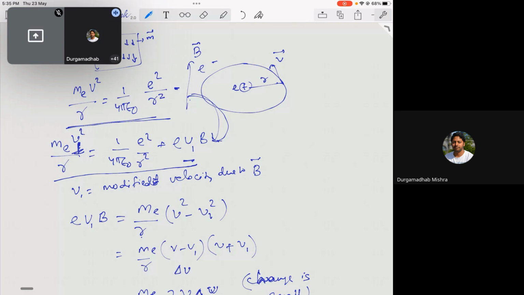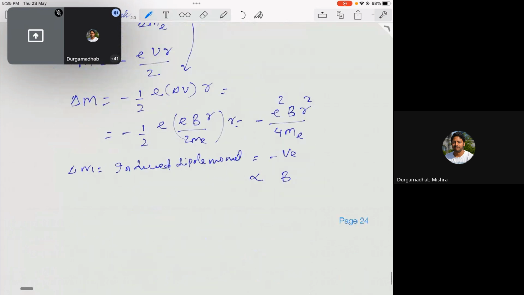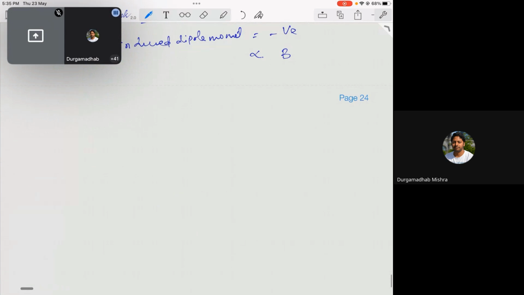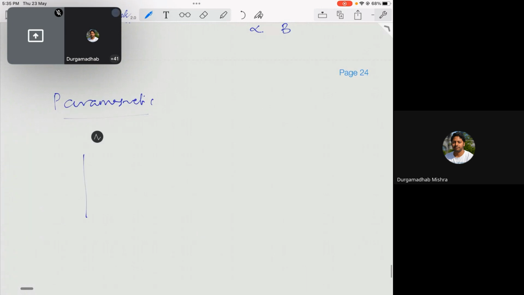Okay, there can also be other explanations, but this is again a semi-classical thing which we are talking about. Now, this is about diamagnets. The next material that is interesting is a paramagnetic material. So what happens to paramagnets? Paramagnets is a system where you have the magnetic moment in the same direction as the applied magnetic field.